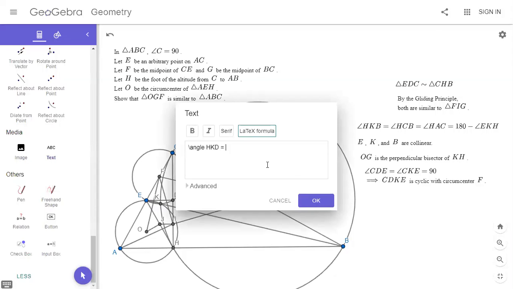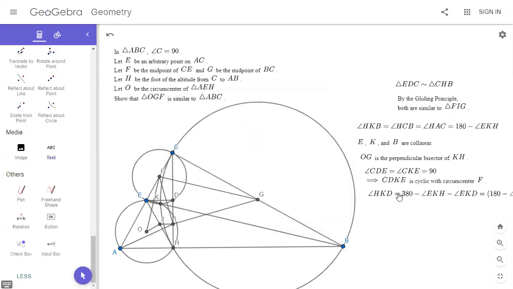Yeah, I was making this a little harder.